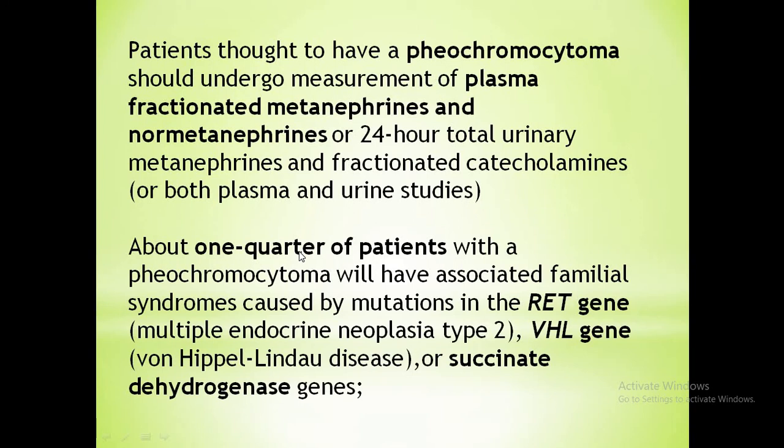One quarter of the patients with Pheochromocytoma will have associated familial syndromes. So these are usually caused by mutations in the RET gene, the VHL gene, or the SDH genes. So that needs to be kept in mind.